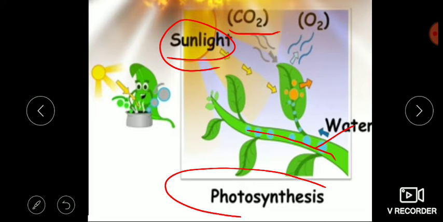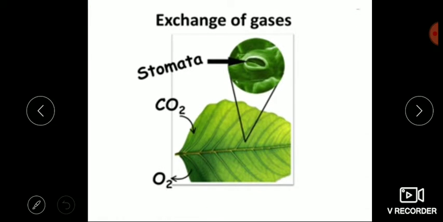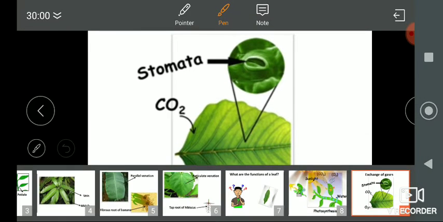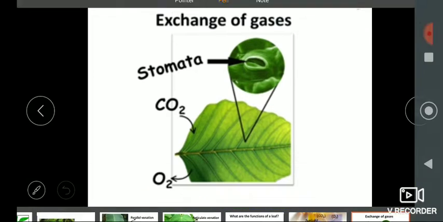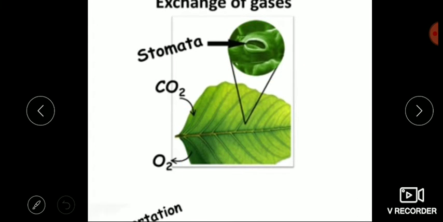It's called photosynthesis, and it gives out oxygen gas. The surface of leaves has teeny pores called stomata. These help in exchange of gases during respiration: take in carbon dioxide gas and give out oxygen gas.